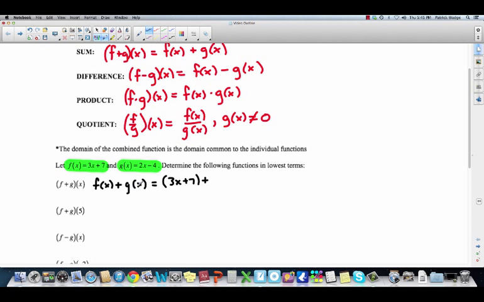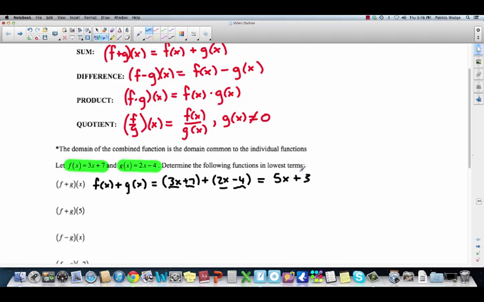What's g of x equal to? It's equal to 2x minus 4. And then all we have to do is combine these two binomials and we'll get our answer. Look for your like terms. You can add the 3x and the 2x, so you get 5x. You can add the plus 7 and the minus 4, so you end up with 5x plus 3. That's it. We combine those two functions.